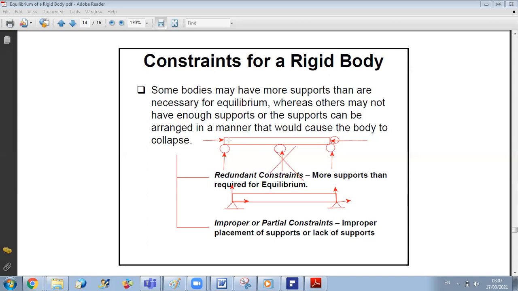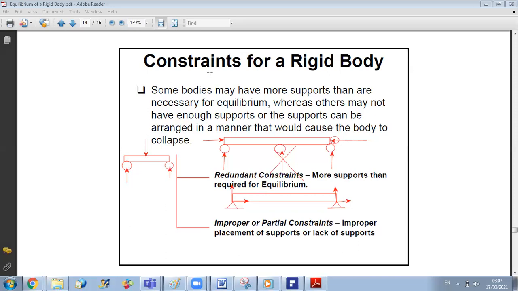For some structures, I can have partial constraints but still have equilibrium, in certain conditions, not in all conditions. For example, if I go back to the beam with two rollers, this is partial constraints. It will maintain equilibrium if the load is a downward vertical force on the beam, through the development of reactions like this.